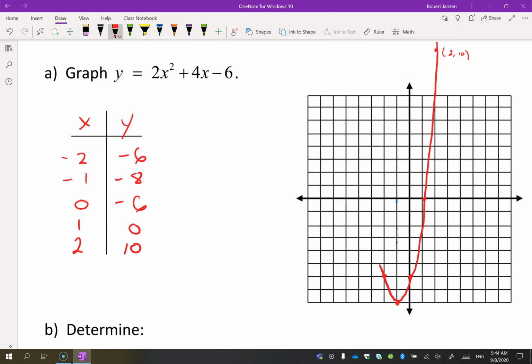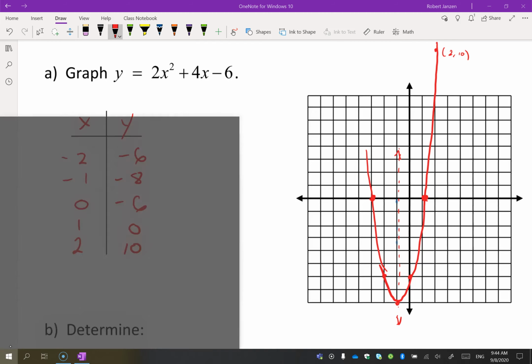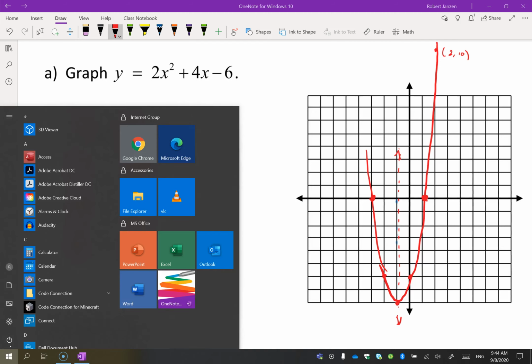Well, remember that the parabola is symmetrical, so I know that this point here is going to be symmetrical about the axis of symmetry. So it should be right over here. Okay, so that should help you with some of these drawings.